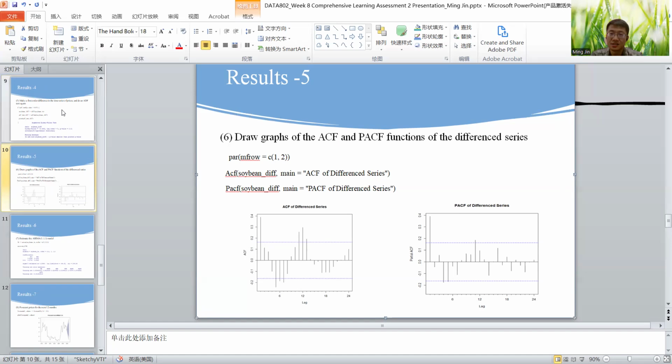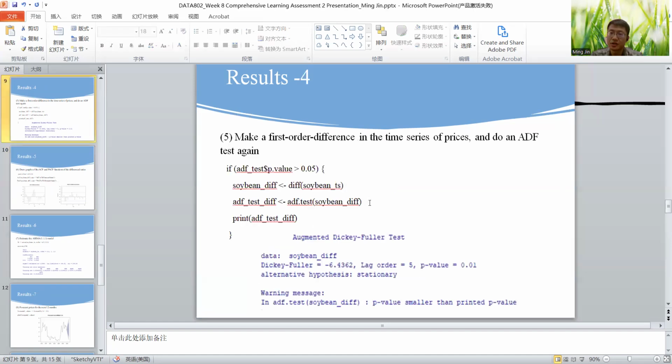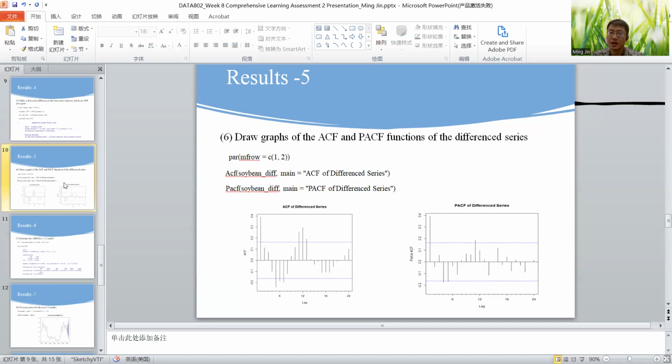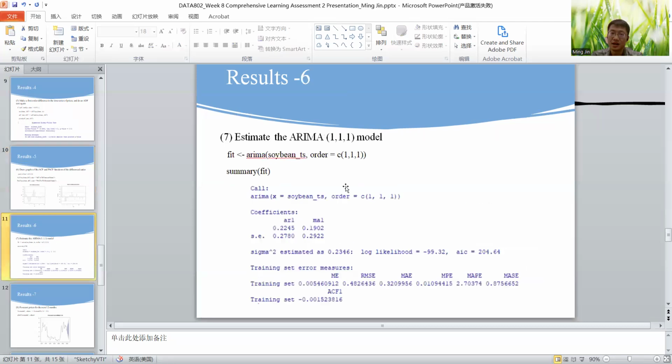And just because we concluded that after making the first order difference, we can obtain a stationary time series of the prices data, the parameters we use in an ARIMA model should be ARIMA 111.